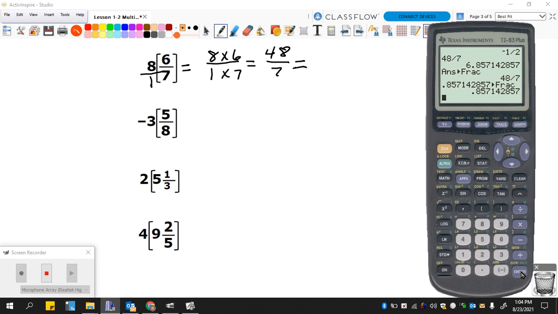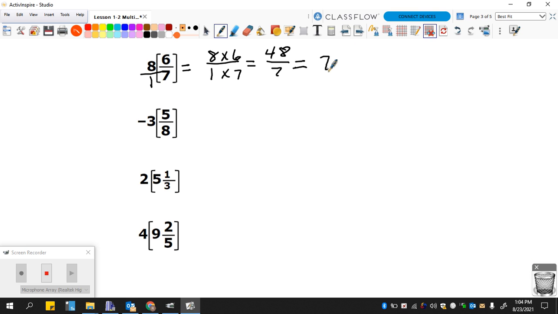Not sure why that didn't work right, but the easiest way actually is just to do 7 goes into 48. It goes in there 6 times. You can see that because there's 6 point something. 6 times 7 is 42. Subtract it. 8 minus 2 is 6.